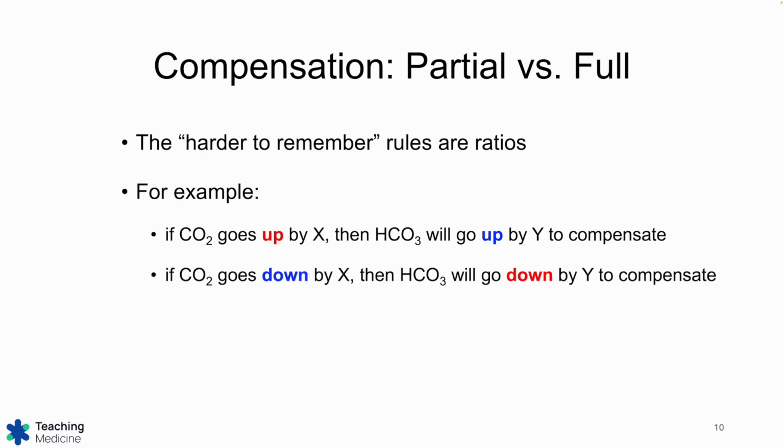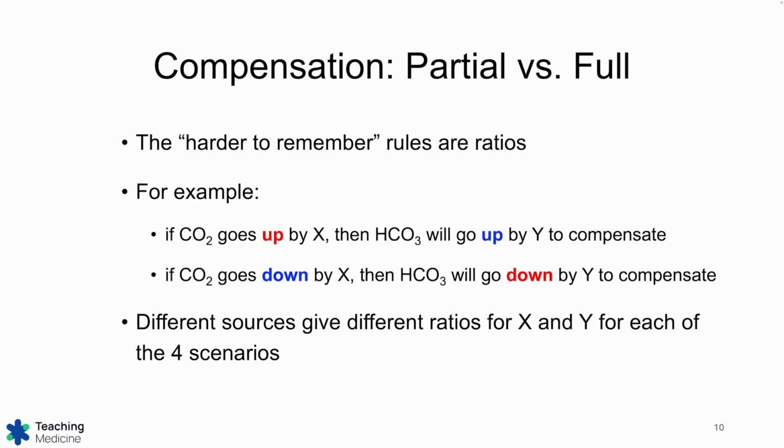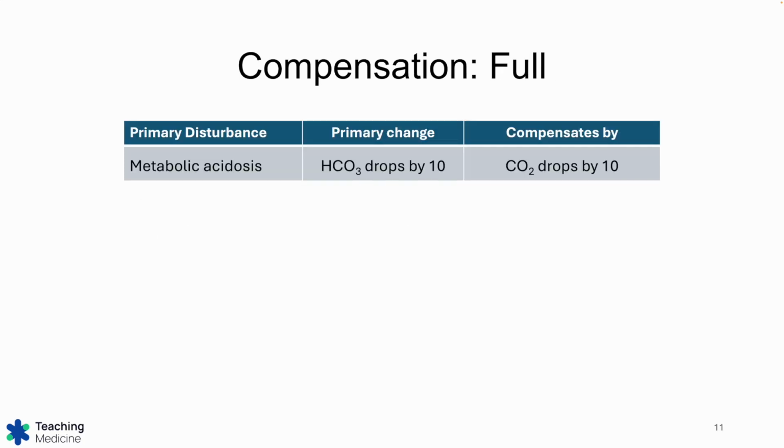Or if your CO2 goes down, the bicarb will go down, and vice versa. So there's 4 different scenarios, carbon dioxide up or down, bicarb up or down, that we can generate these ratios for. So we're going to go through them. And again, I apologize in advance. This is mind-numbing and, in my opinion, super boring, but we have to do it.